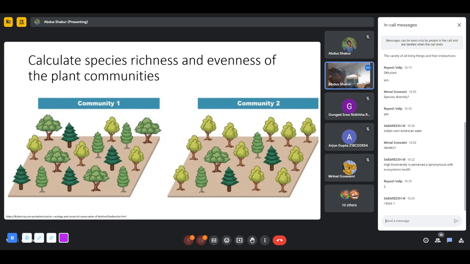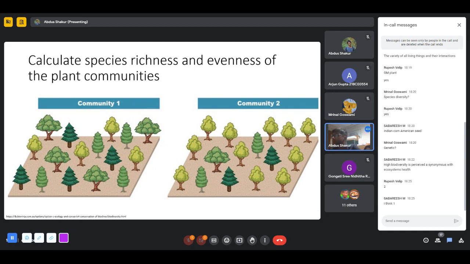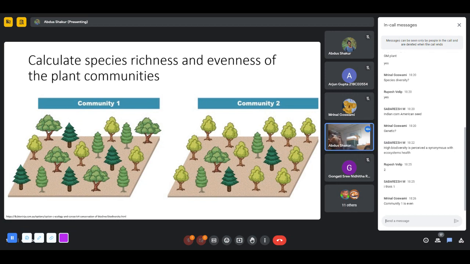Any more answers? Can someone take a little time to solve it again, or you can take a pen and paper and try to solve it yourself slowly. Community one. Okay. Mrinal said community one is even.